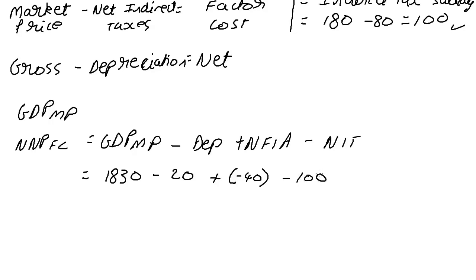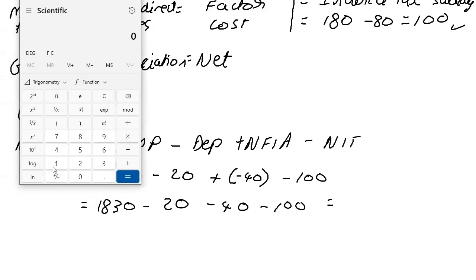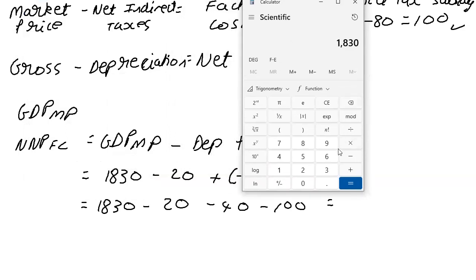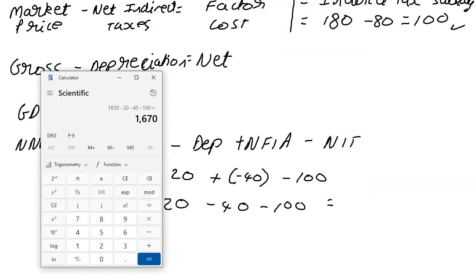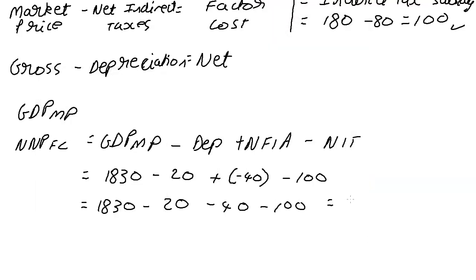Opening the brackets first: minus 20 plus minus 40 minus 100. Even though it is rather simple, I'm not going to risk it, and I'm going to use the calculator, which I strongly suggest you do in the board exam. Nobody is watching you, do not show off, use the calculator. 1670. Therefore, NNPFC is equal to 1670 crores.